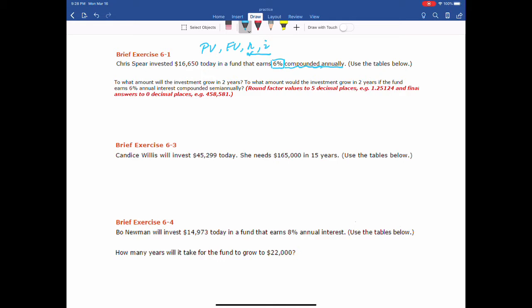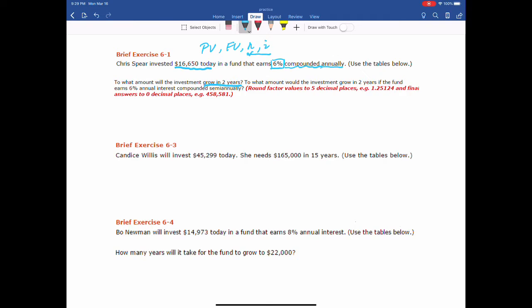format. Okay, now in this question, we are given the value of the cash flow today. So it implies the present value. We are given the interest rate. And also we know the number, 2 years.